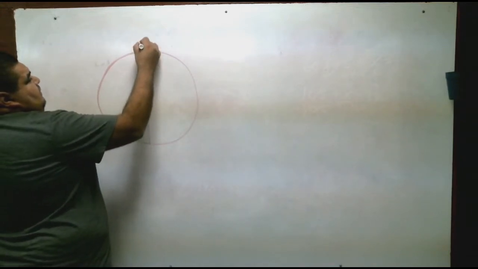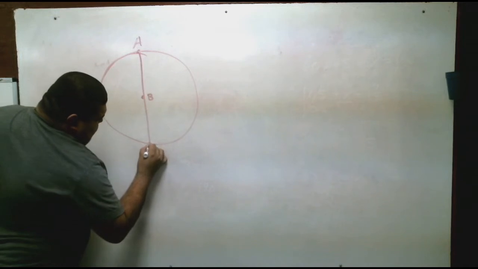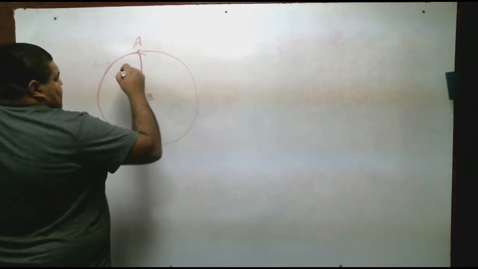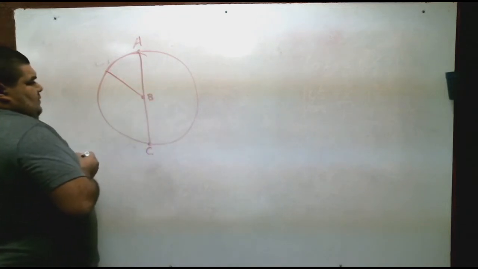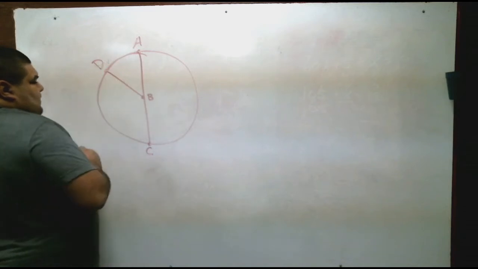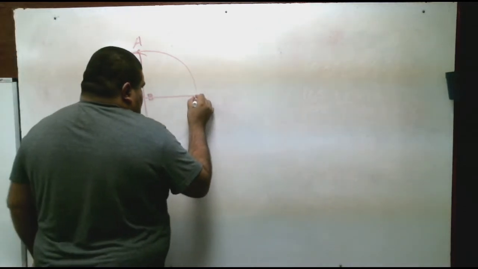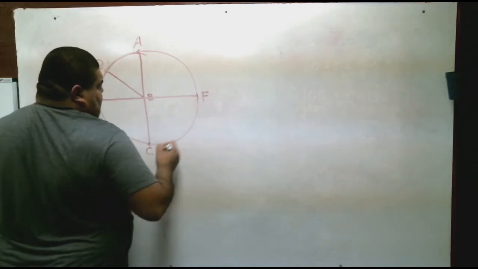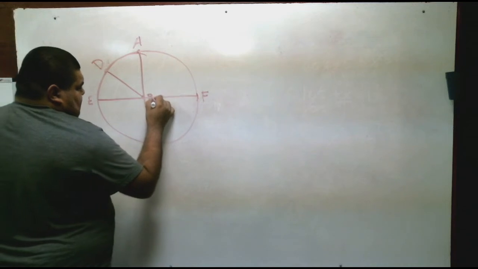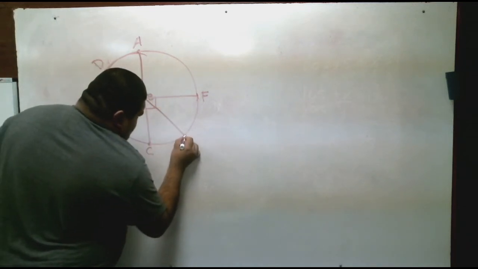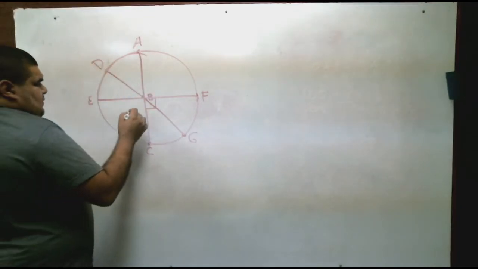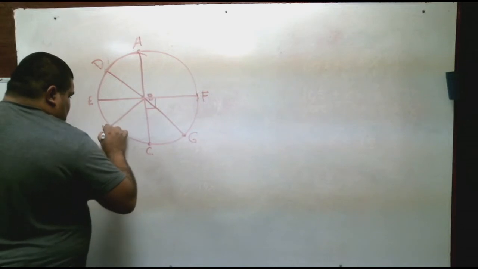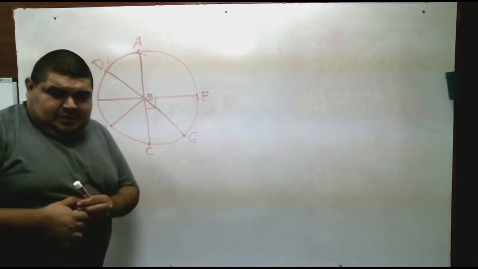I have lines A, B, and C. I also have D, E, F, G, H. Okay.